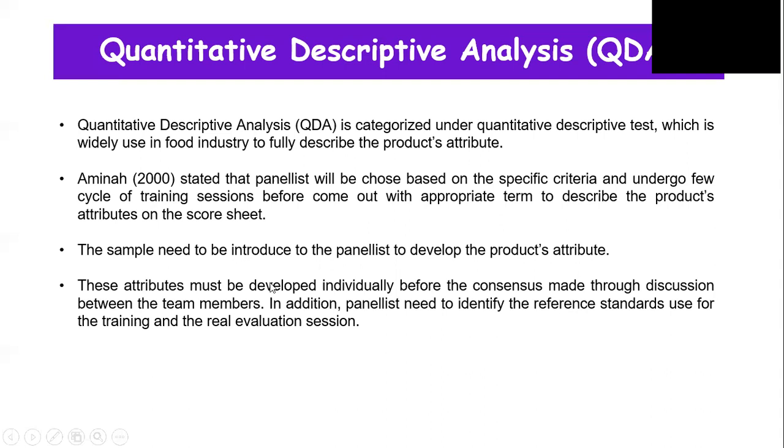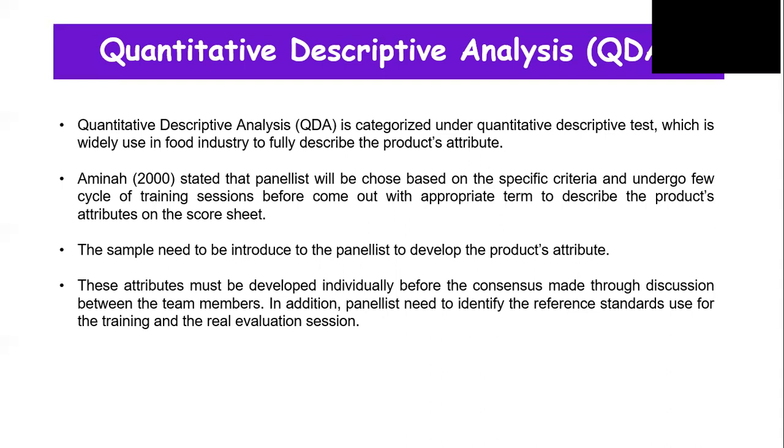All right, so what's so special about QDA? We don't require a large number of panelists. Remember, for the acceptance test, we require at least 25 to make the data reliable for us to use. But for QDA or descriptive tests, since they come from trained panelists, we only require a small number of panelists to make it reliable.